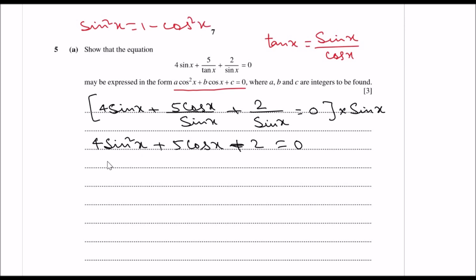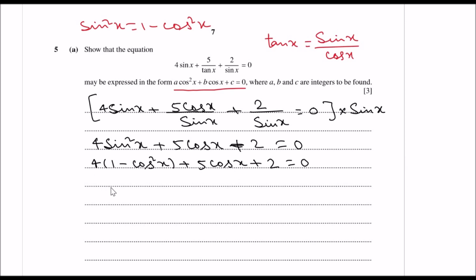So we will substitute here 1 minus cos square x for sin square x. So let's do that. 4 times 1 minus cos square x plus 5 cos x plus 2 equal to 0.